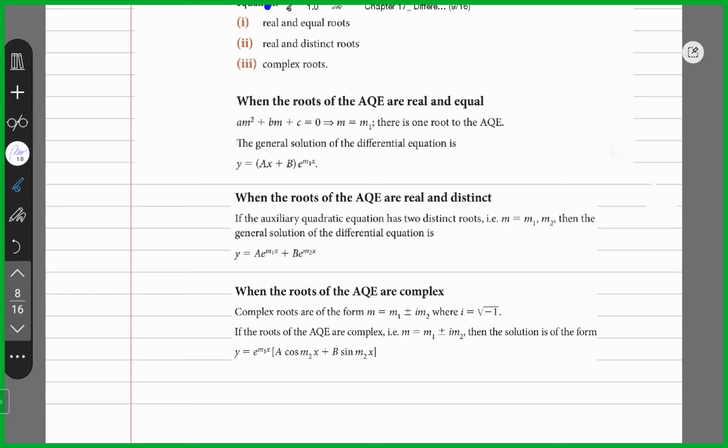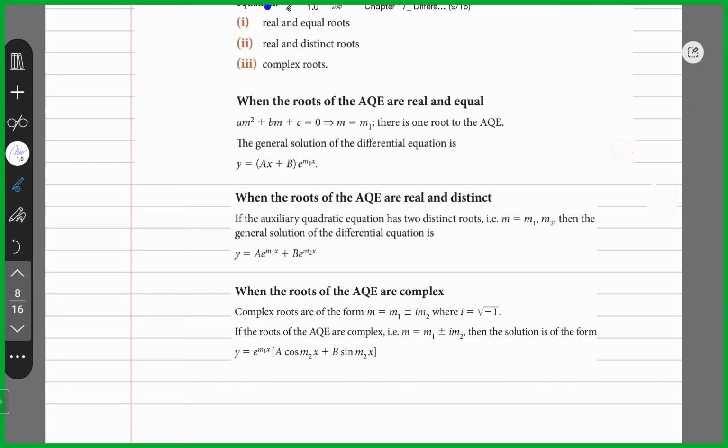Then the solution would be e to the m1x, where m1 is the real part of the solution of the AQE, into (a cos m2x plus b sin m2x), where m2 is the imaginary part of the solution of the AQE when the roots are complex.